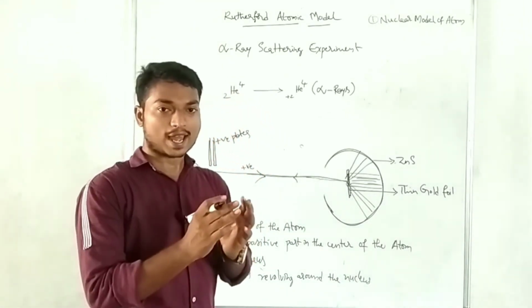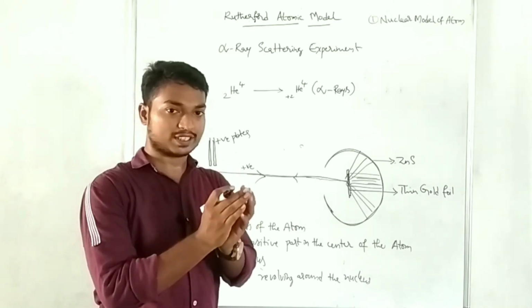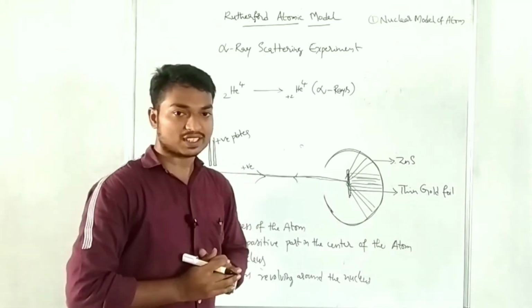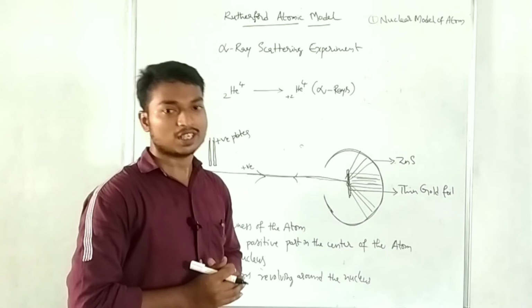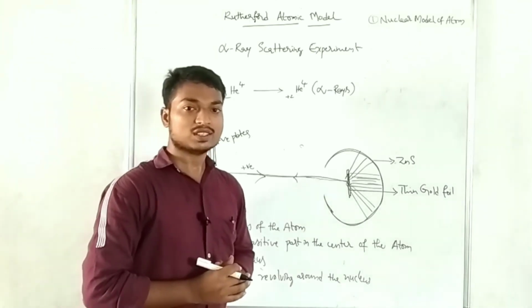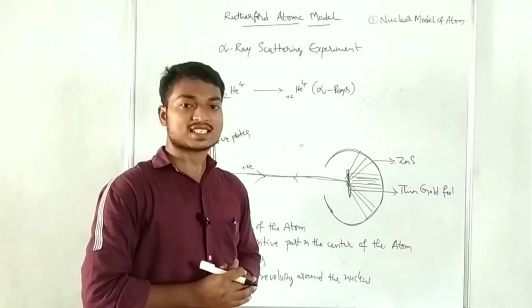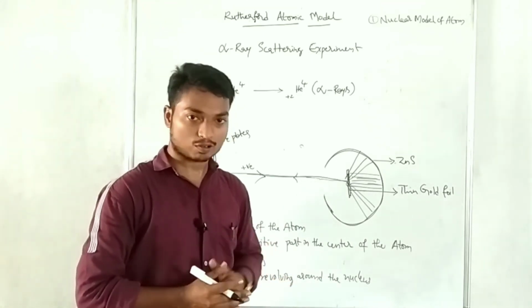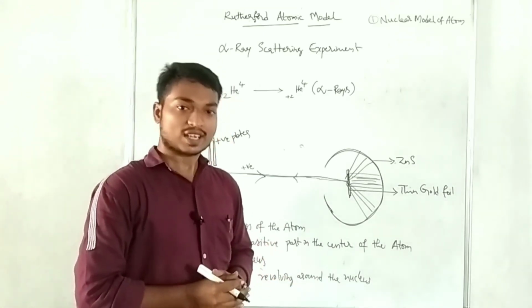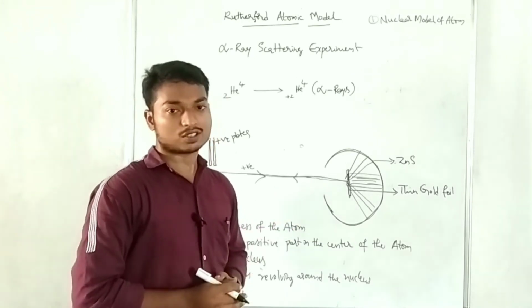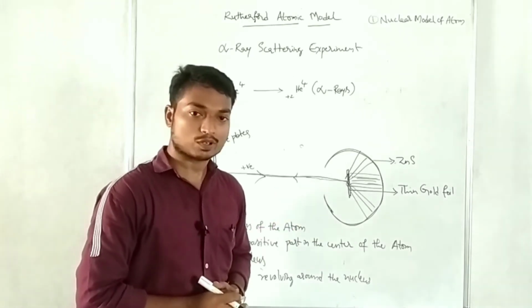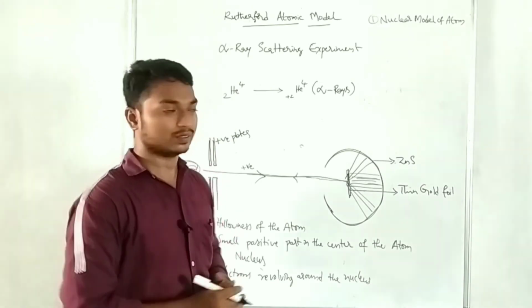So in the center of the atom, the positive part is concentrated, that is called the nucleus. Hence this atomic model was called the nuclear model of the atom. And he said that the electrons revolve around the nucleus just like planets revolve around the sun. So hence this model is also called the planetary model or solar model.